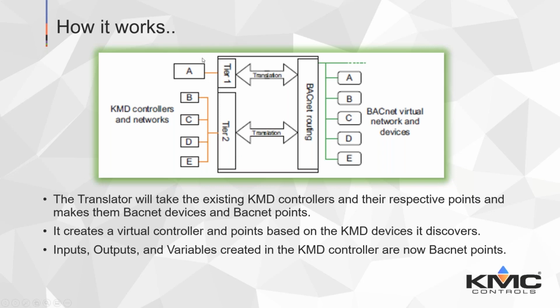It takes both of those and turns them into BACnet routing. It goes out and finds all your controllers and all the points inside those controllers, and then makes a virtual controller inside, and that virtual controller is BACnet. So it makes those controllers and their points look like BACnet.